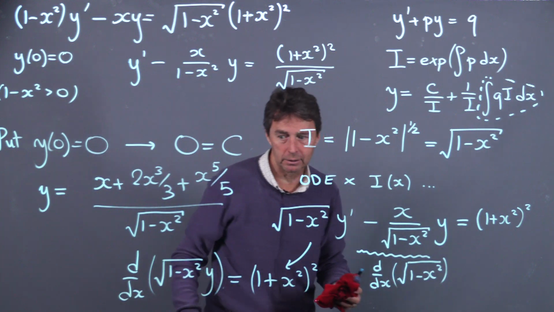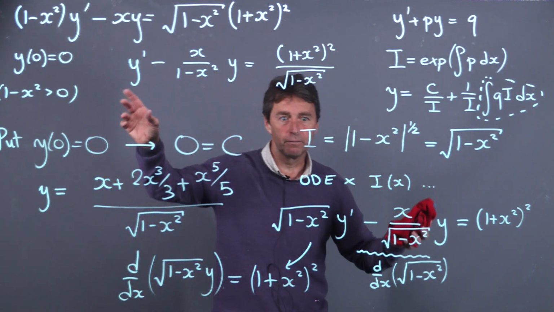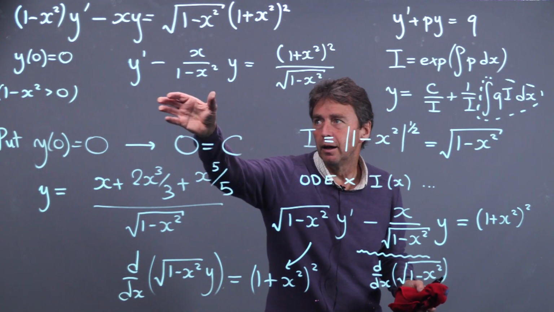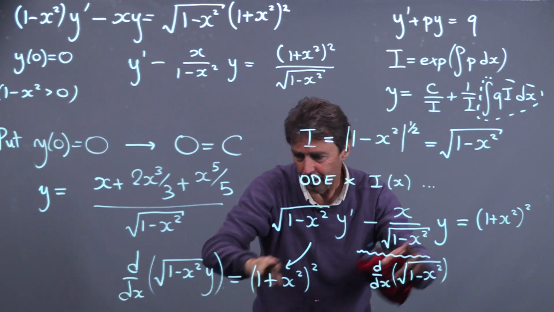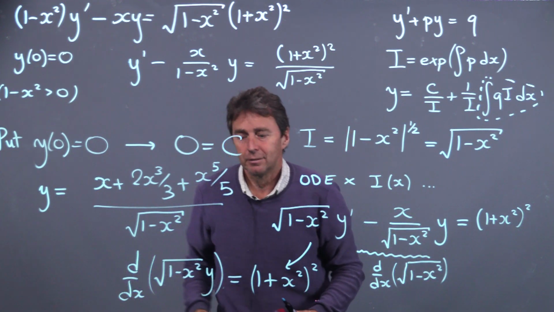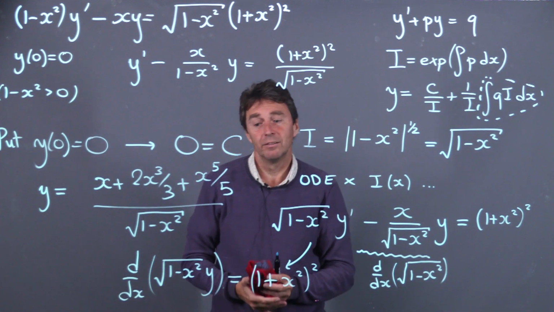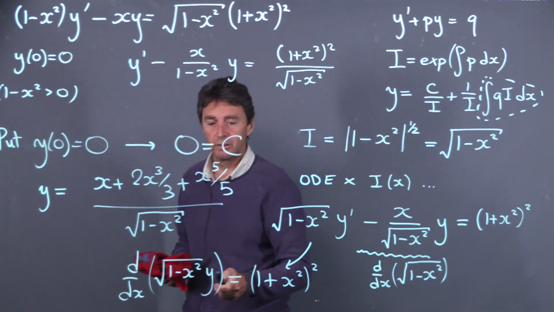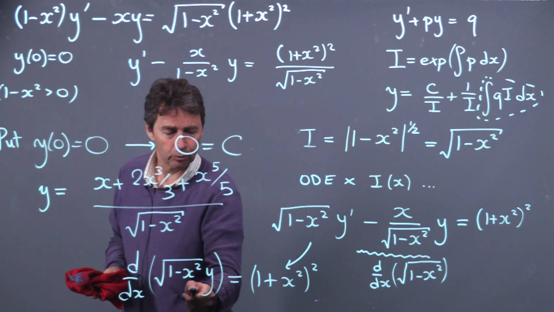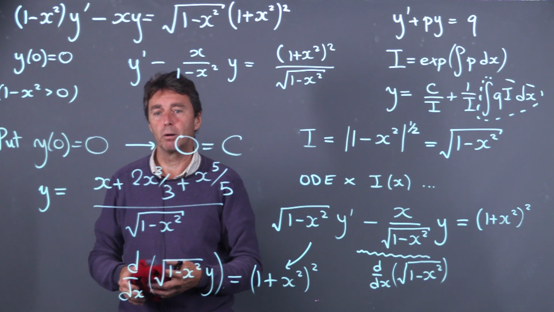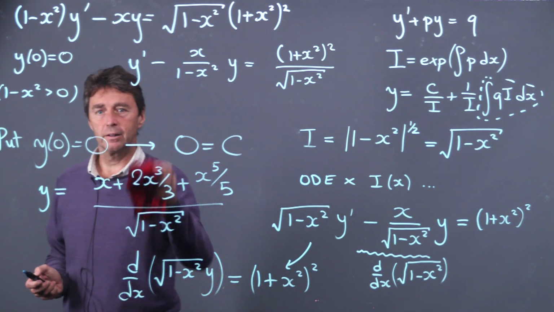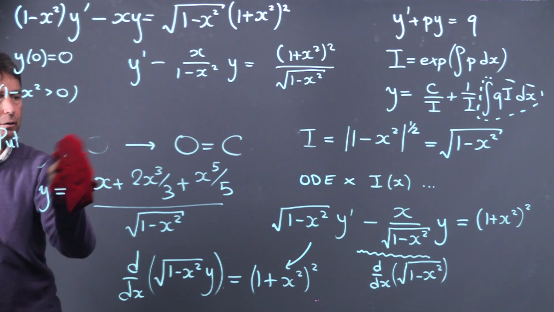That's how it works. You're really just coming up with the function so that when you multiply by it, you're going to rewrite the ODE, and in particular the left-hand side of the ODE, as a single derivative, which allows you to then integrate the problem and find the answer. That's how it works. Okay.